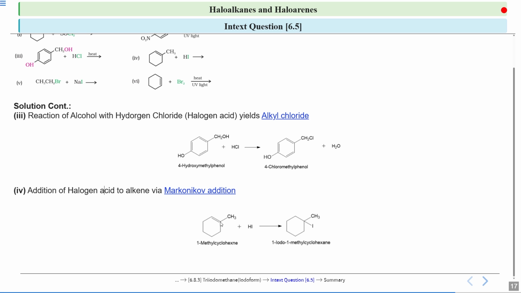So the lesser hydrogen containing double bonded carbon is the one where the methyl group is present. So the iodine will attack this double bonded carbon and you will get your major product as 1-iodo-1-methylcyclohexane by following the Markovnikov addition rule in this reaction.